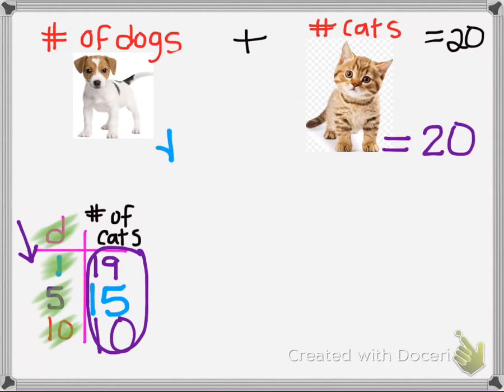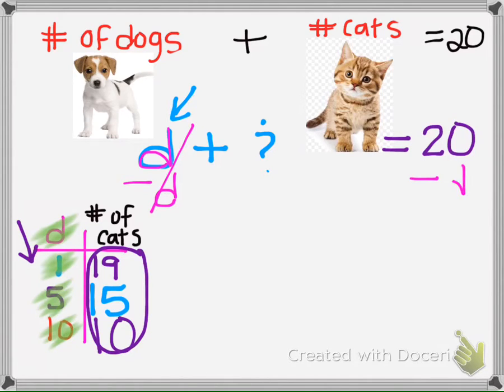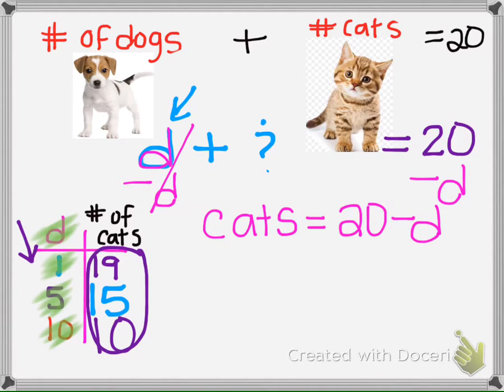The number of dogs is D. We don't know how many cats there are, but we can't use another variable because D's already in the problem. So we've learned how to solve equations. If we don't want D here, we can subtract D from both sides. So the number of cats is equal to, if we take 20, because there's 20 total pets, and if we subtract the dogs. So think about it.